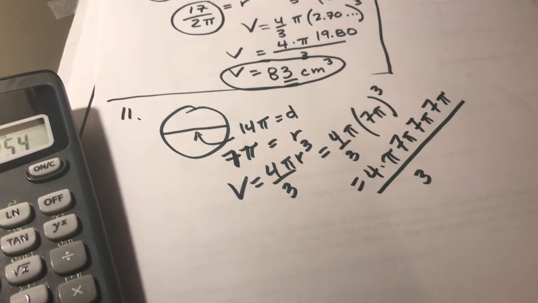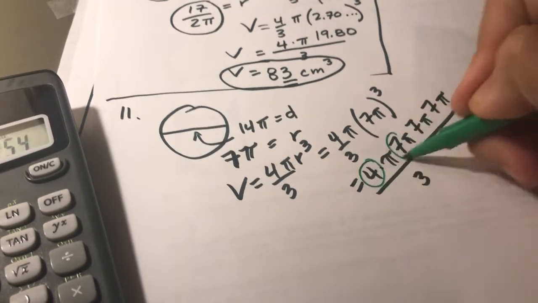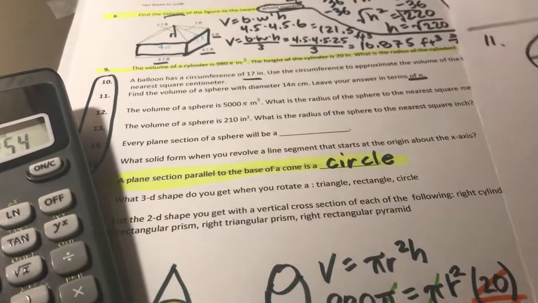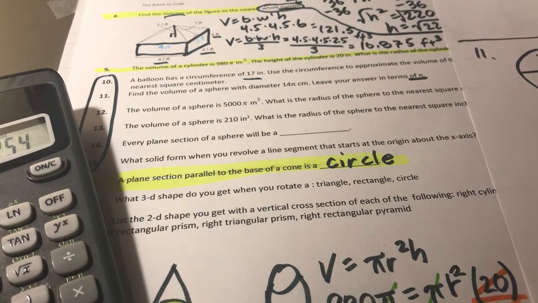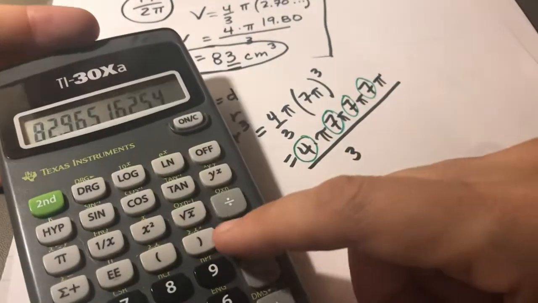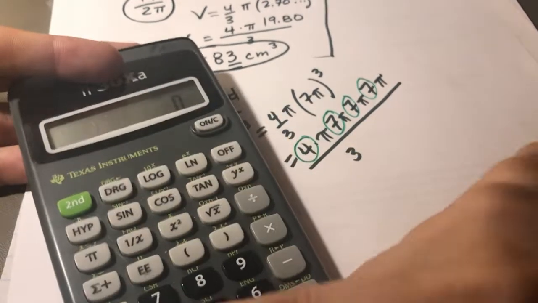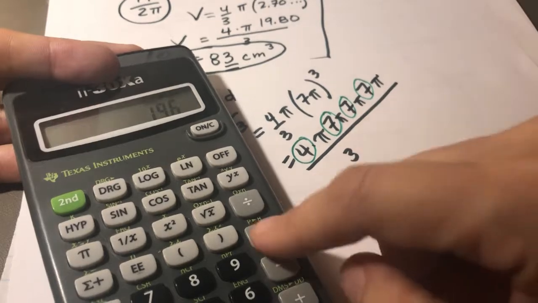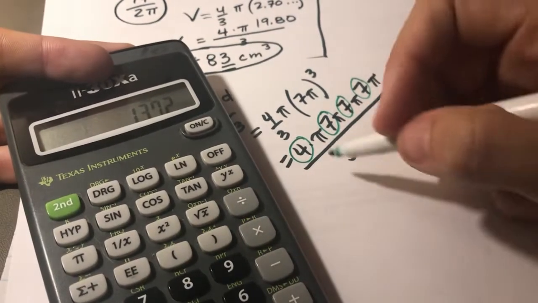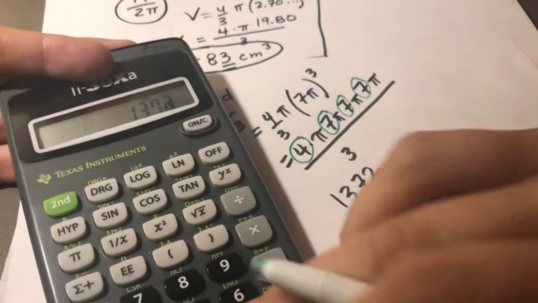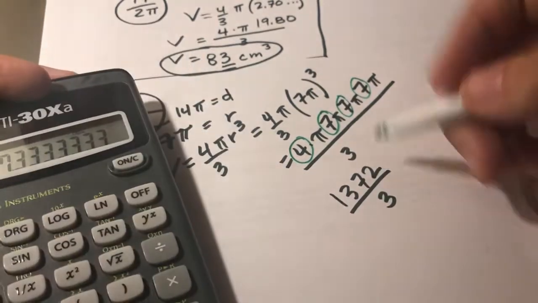So if I focus on the numbers 4 times 7 times 7 times 7, then my answer would be 4 times 7 times 7 times another 7, 172 divided by 3. If I divide by 3, I get a decimal. So I'm going to leave it like that.